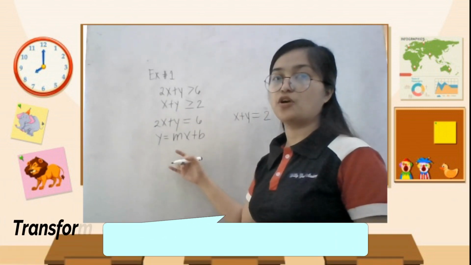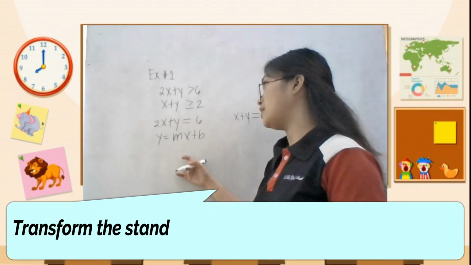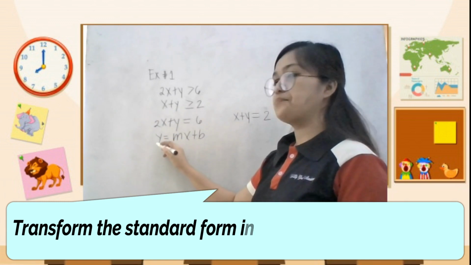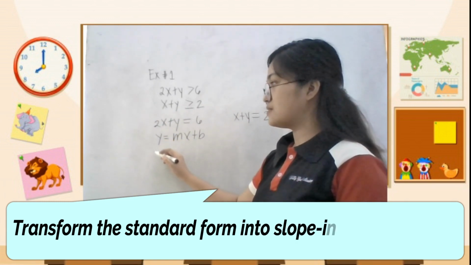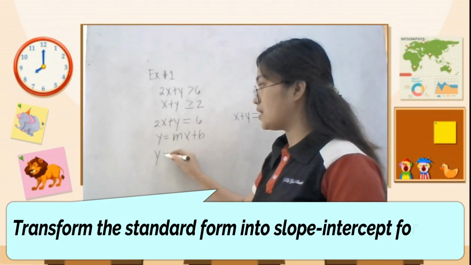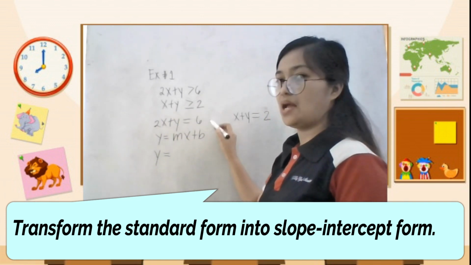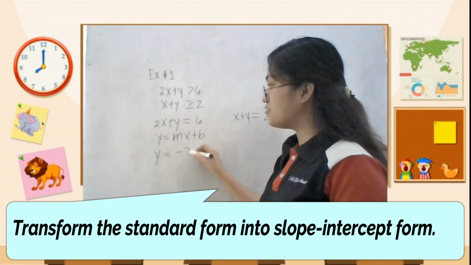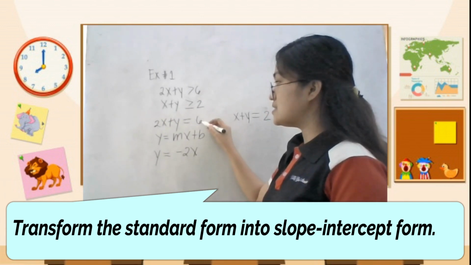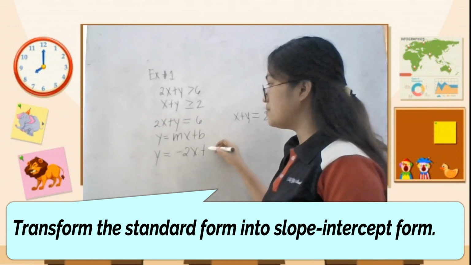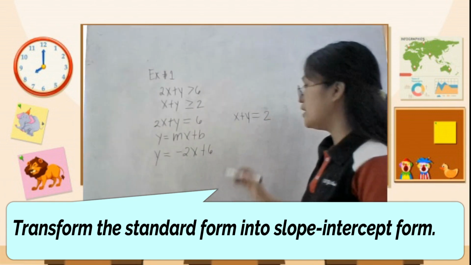Gayahin natin ang format na ito para makapag-transform tayo. So si y nasa left na sadya. So remain ang y natin equals mx natin nasa right. So si 2x dito ilipat sa kabila. Magiging negative 2x. And then si 6 nasa right na sadya. So remain positive 6.